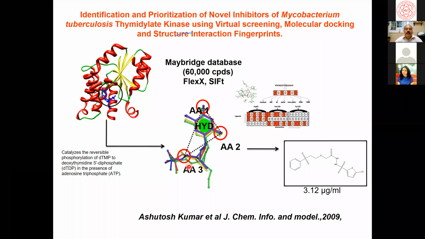prioritizing. Once you screen out a molecule, he developed a method called structure interaction fingerprint, which is nothing but a one-dimensional representation of a three-dimensional interaction between a protein and ligand.